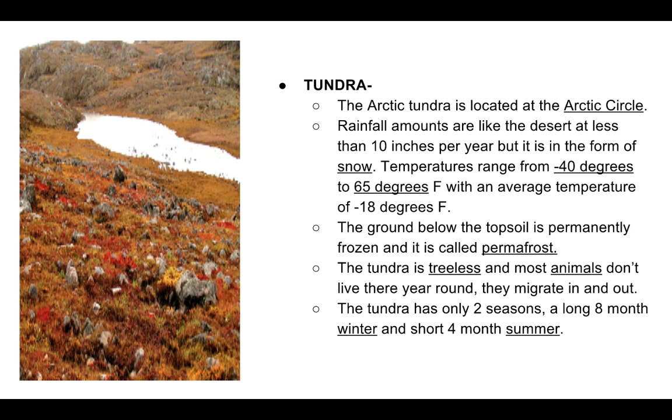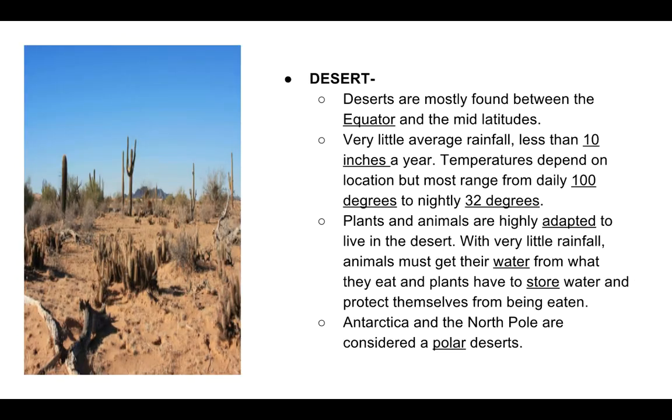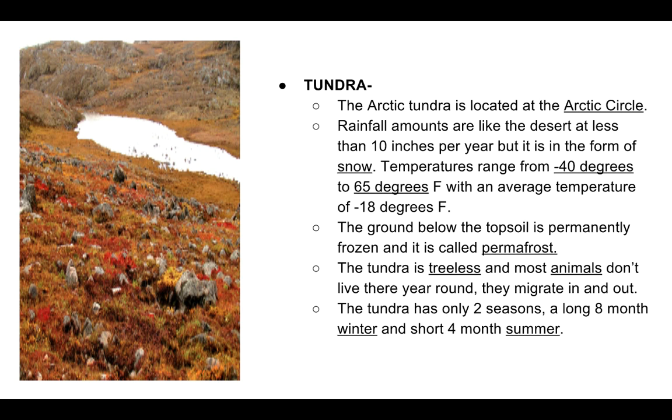And then we have a tundra. The Arctic tundra is located at the Arctic Circle, and actually I made a mistake. This is the one that's mentioned here with Antarctica and the North Pole. This one is often considered that polar desert. The Arctic tundra is located at the Arctic Circle.